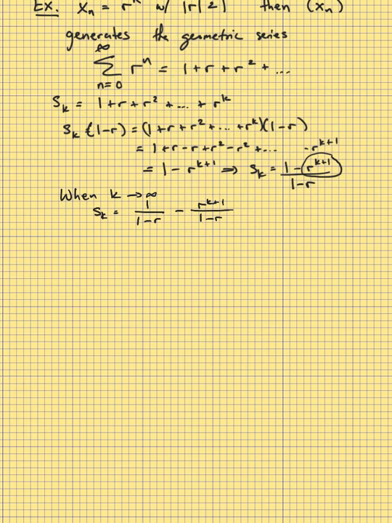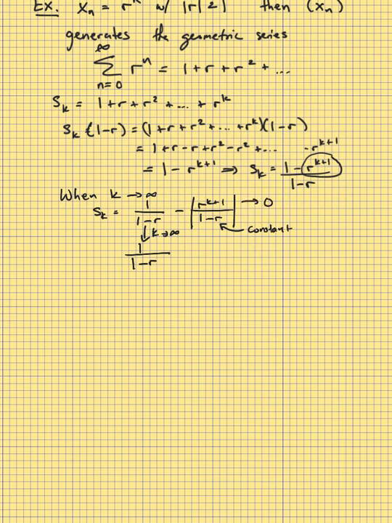This 1 over 1 minus r stays constant as k goes to infinity. And this is just some fixed positive real number. We've seen that r to the k plus 1, if r is less than 1, converges to 0. So this is constant.